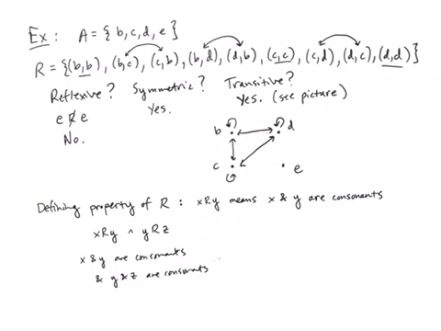And of course, that implies that X and Z are consonants. And that's exactly to say that X is related to Z. So having our set R defined by some property can make it much easier to determine that a relation is transitive than just having the set presented to you explicitly.